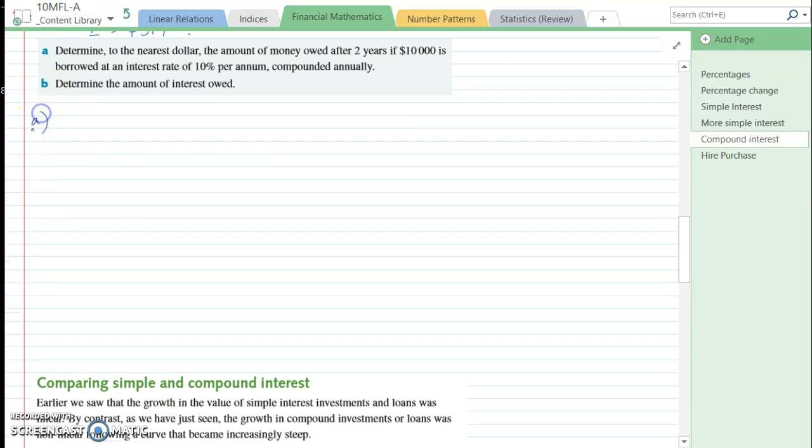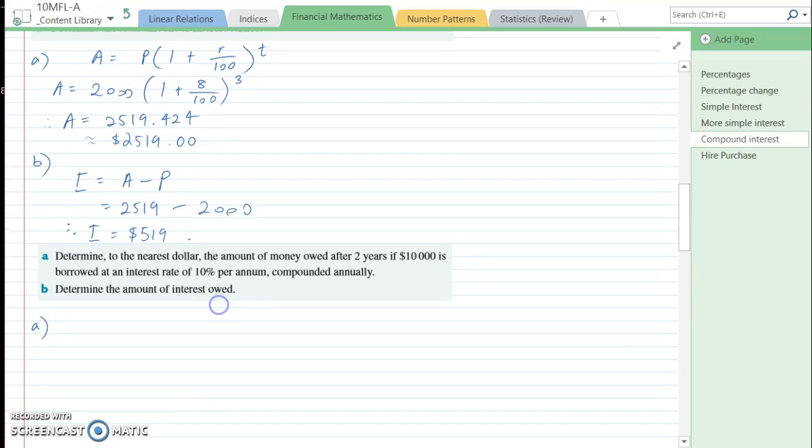Now we'll do this one in the same way, where we have determined to the nearest dollar the amount of money owed after 2 years if we borrowed 10 grand at an interest rate of 10% per annum compounded annually. Again, we have this formula. 2 years is the time, $10,000 is P, and the rate is 10%.